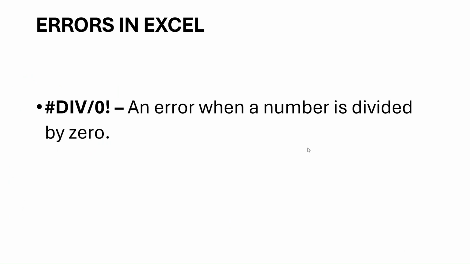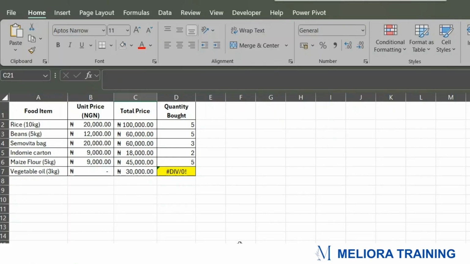The next error we're going to be looking at is the divide by 0 error. The divide by 0 error happens when a number is divided by 0. So it's a very simple error. So if we come to the Excel file with the sheet there, we have a table here where we have some food items, their unit prices, total prices for the sale, and then quantity bought.